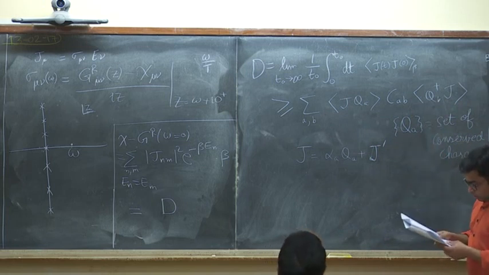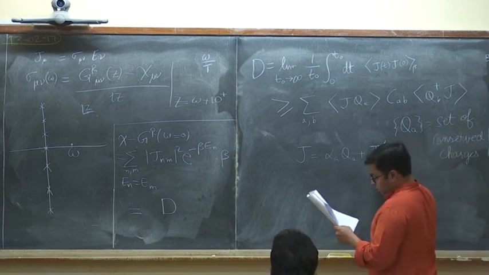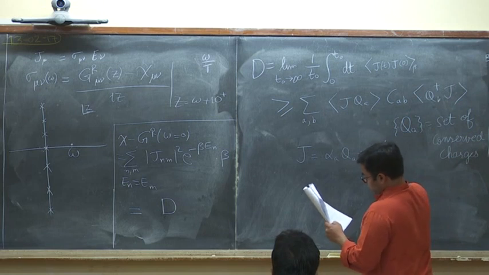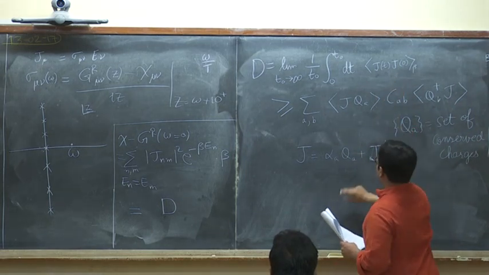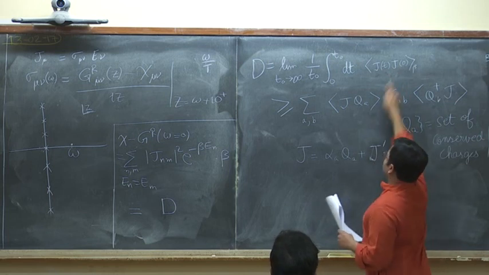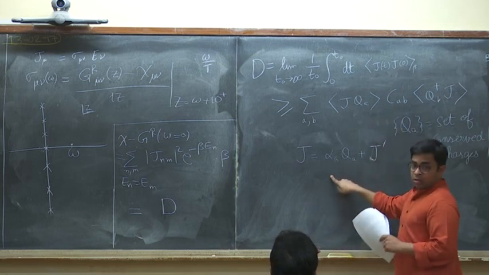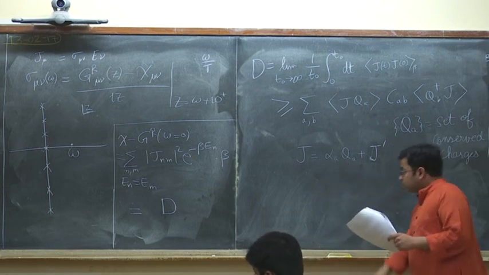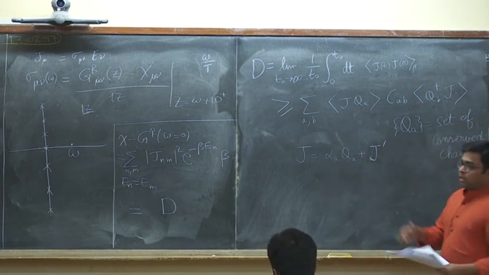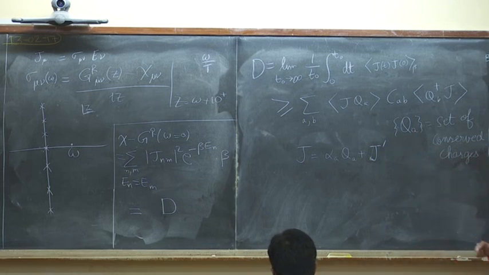Yeah. Okay. So when we write this, and just substitute this into this time ordered correlator, you see the JJ will become alpha A, alpha B times QA, QB in a product. See, I'm just not understanding the structure of that equation. You're writing J, think about the linear space of all the operators.